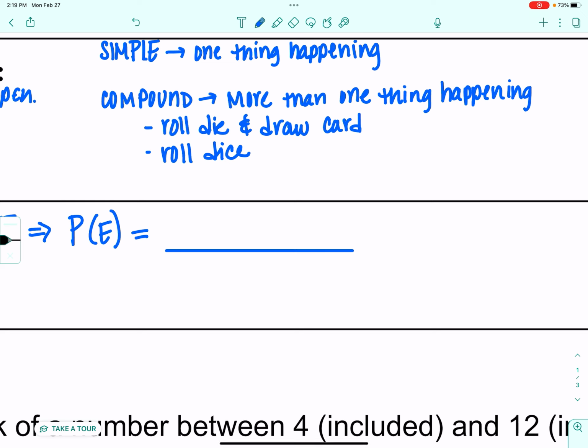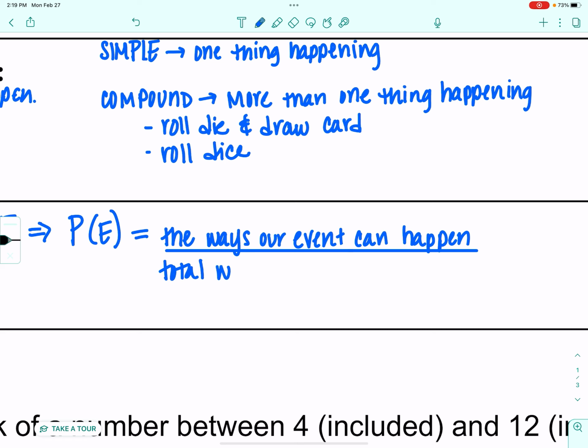In the numerator is going to be the ways our event can happen, divided by the total ways our sample space can happen.